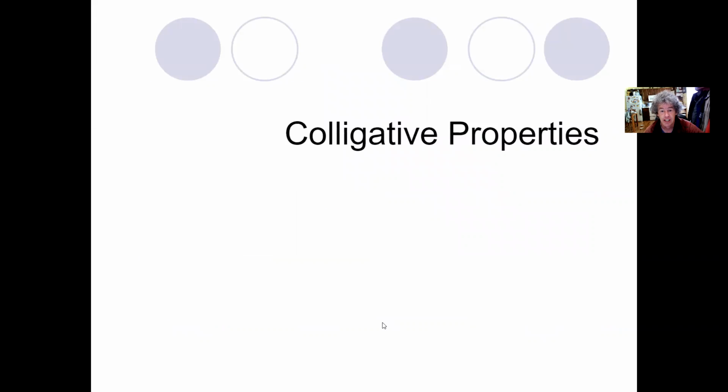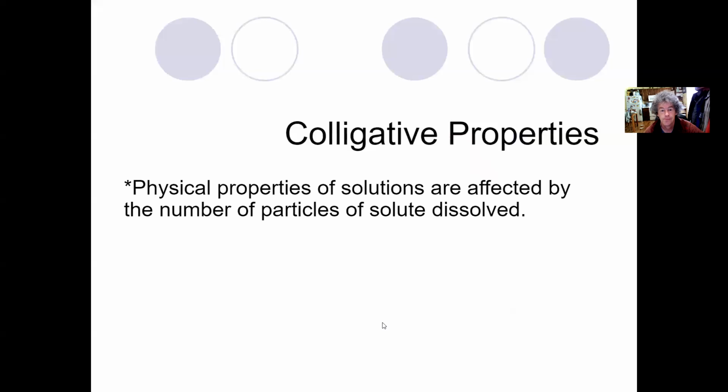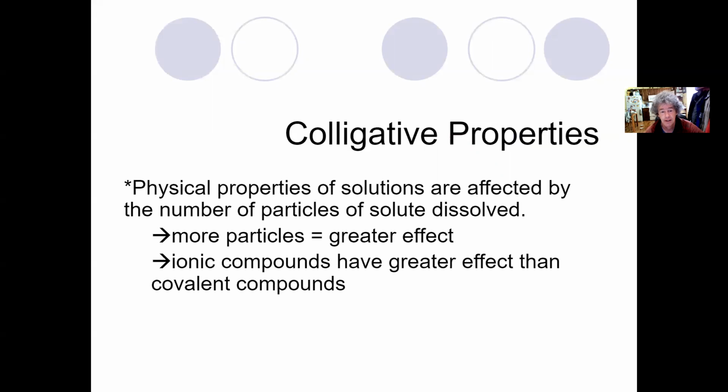Now, moving on to colligative properties. Essentially, physical properties of solutions are affected by the number of particles of solute that are dissolved within the solution. The more particles you have, the greater the effect.